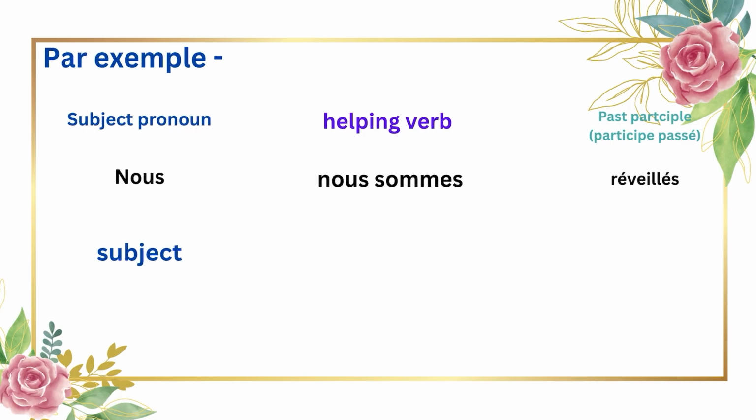Again, over here, we see that there is an extra s added to the past participle réveillé, since we are using the helping verb être. So the subject pronoun being plural, therefore the past participle agrees with the subject pronoun.